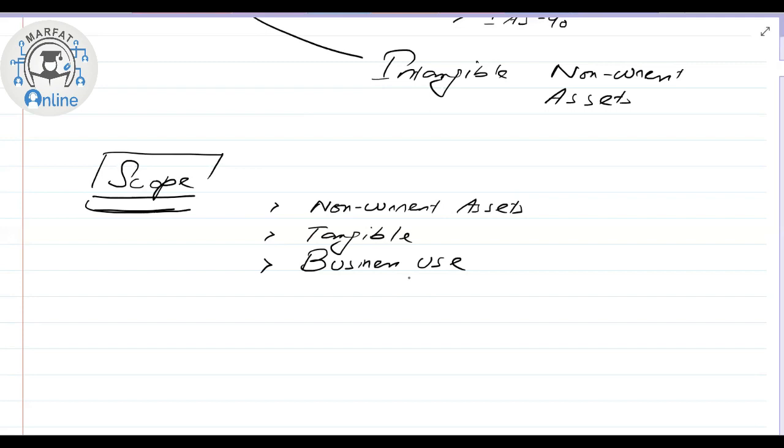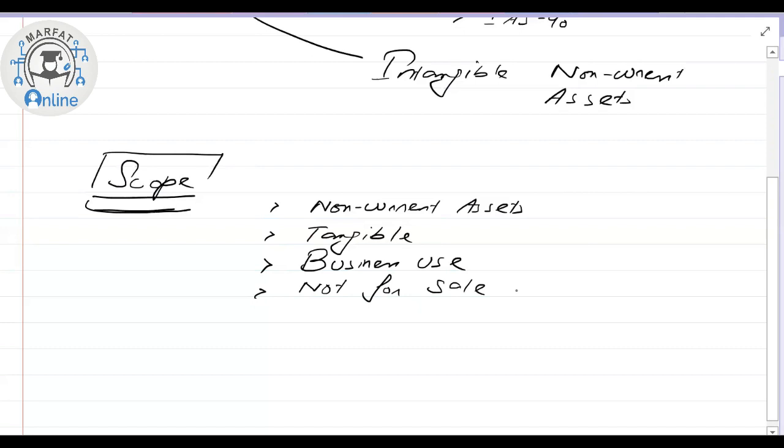So remember that in the scope of IS-16, first of all it should be a non-current asset, that means life is more than 1 year. Then it should be a tangible asset, that means it should have physical existence. And then it should be only for business use, that means not for sale.